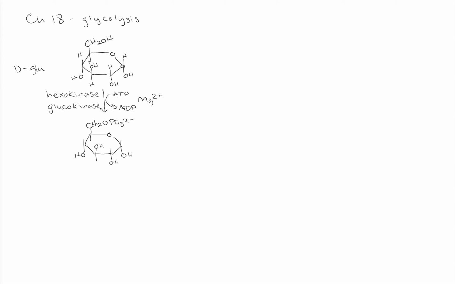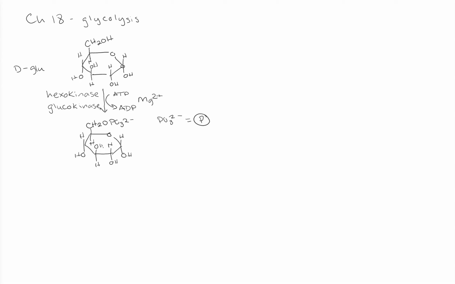Now, moving forward, when you see PO3 2-, I'm going to set that equivalent to P with a circle, just to save us a little bit of time. And on the exams, when you're drawing this, you're welcome to draw it with P in a circle as well. Then we come back through and plug our hydrogens into the appropriate positions.